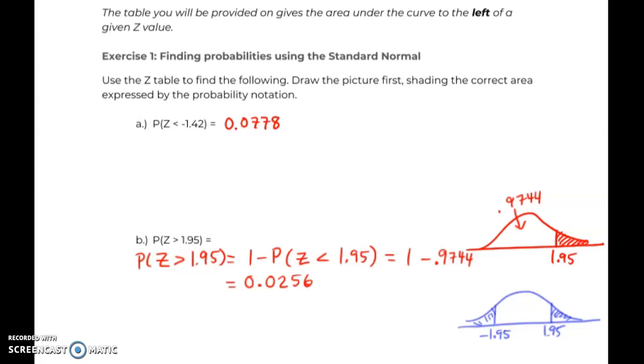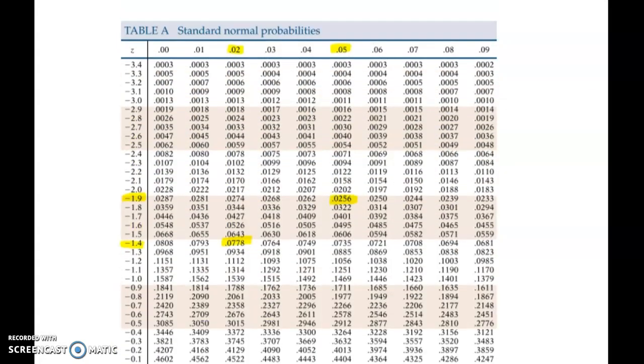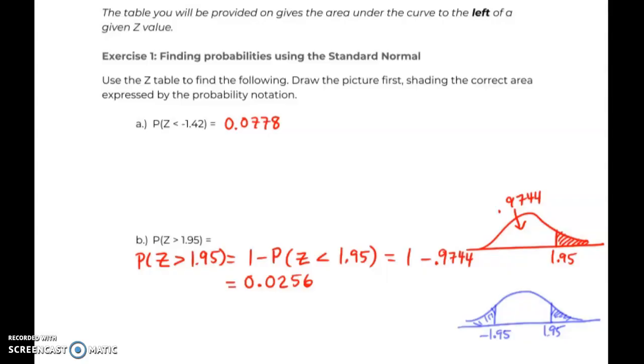So instead of looking at 1.95, finding the area to the left, subtracting it from 1, we could have gone to the negative side, to negative 1.95. And I already have this highlighted right here, which is an area of 0.0256, just like we got it.